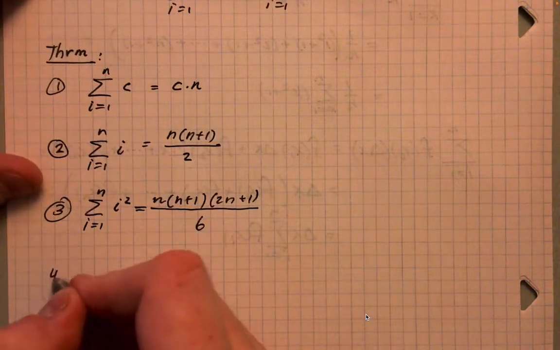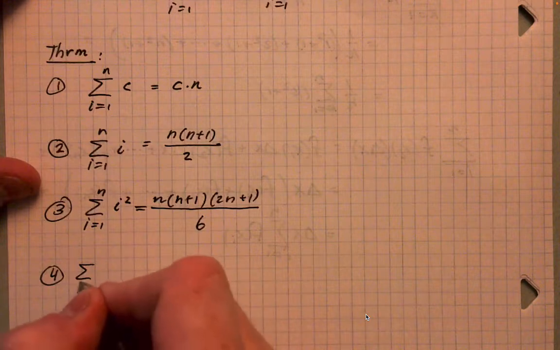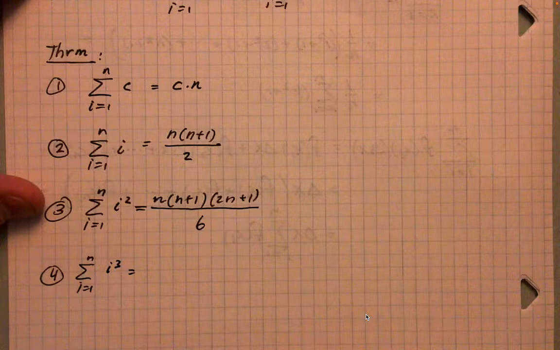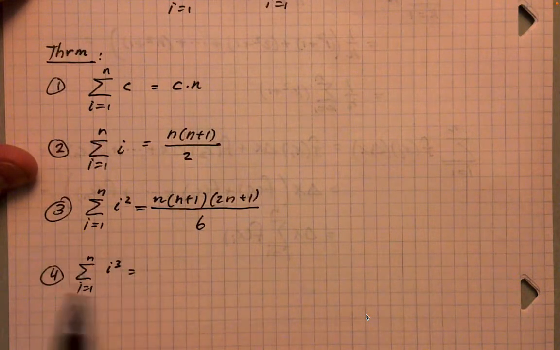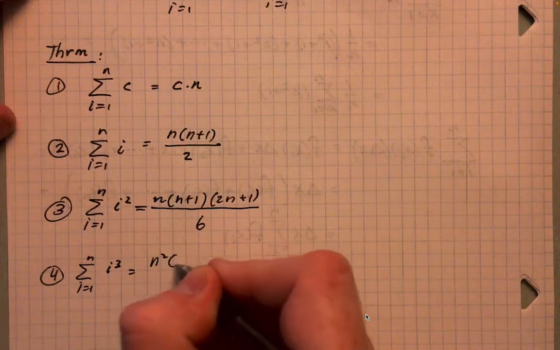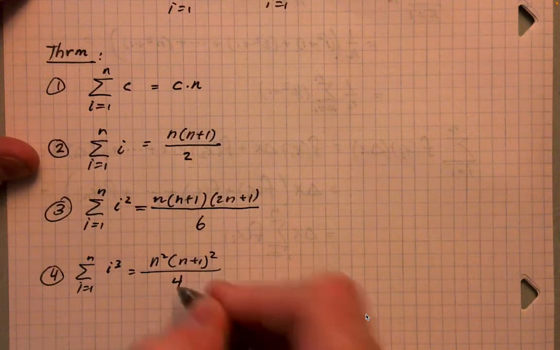And then the last one that we'll need is i cubed. And there are many of these actually that you could go and reference. But if you are cubing a number and successively summing them, you would get n squared times n plus 1 squared over 4.